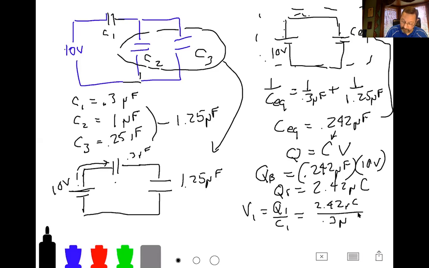That should tell me the potential difference across capacitor 1. So it's 2.42 microcoulombs divided by 0.3 microfarads. Notice the micro and the micro cancel. A coulomb divided by a farad is a volt. When I do this math, it turns out to be almost 8.1, 8.06 volts, the potential difference across that capacitor. Just about 8 volts, a little over it.